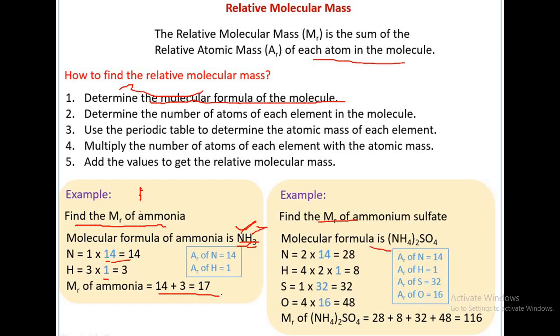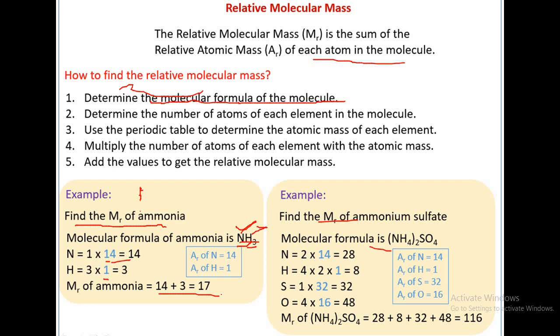Then the next example given here is ammonium sulfate. First we will determine the molecular formula, and after that we will see the types of elements and the number of atoms of each.